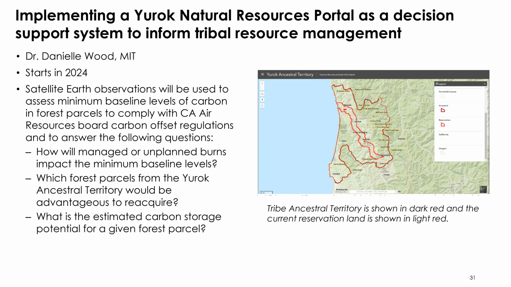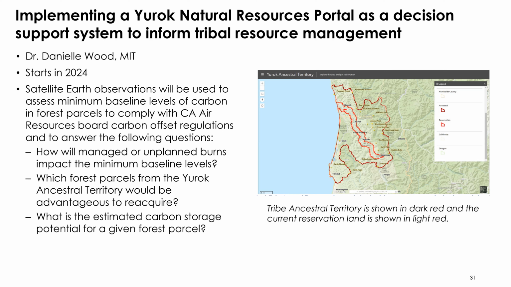And so this particular project, which hasn't started yet, so they just got funding to start this year, or starting in 2024. So it'll probably start in the January timeframe, to use satellite imagery to assess their minimum baseline levels of carbon in various forest parcels.